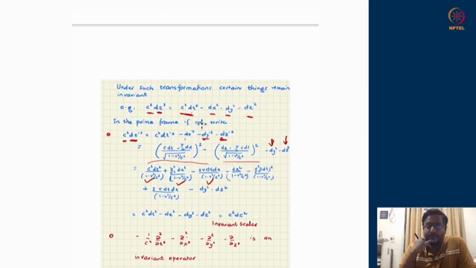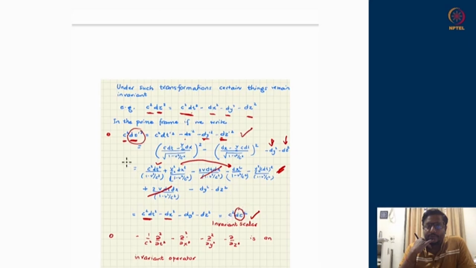First of all, you can see that these cross terms between dt and dx exactly cancel each other, and when you combine terms like dt square from here and here and terms like dx square, these two, you will get exact cancellations of factors, and you will get just c square dt square and dx square. So you see, if I started with a primed frame, I got the thing in the unprimed frame, which is the same. That means d tau primed is also equal to d tau.